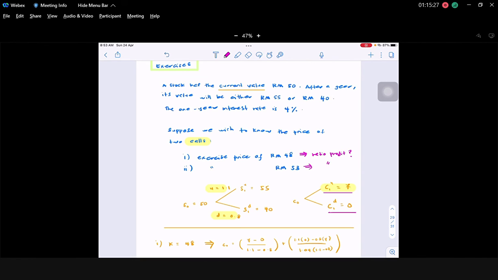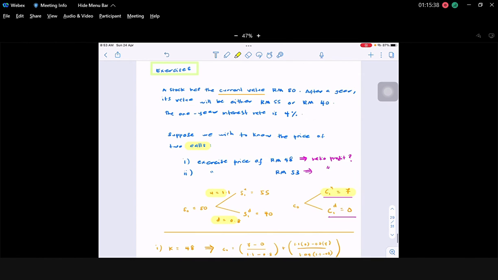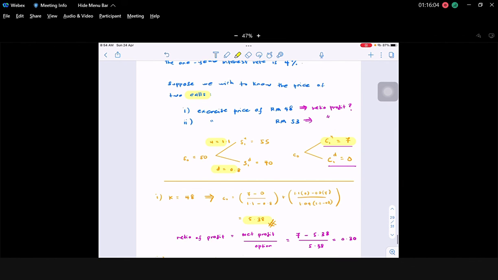Okay, so kita buy option with the price RM5.38, instead of kita buy directly underlying asset ataupun stock dekat sini. Okay, so kita buy with 5.38 today. Okay, so in case of the price increase after one period, okay, so RM55.